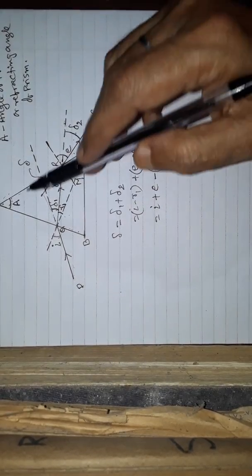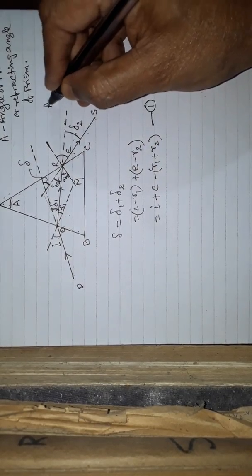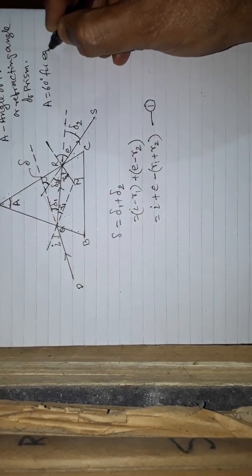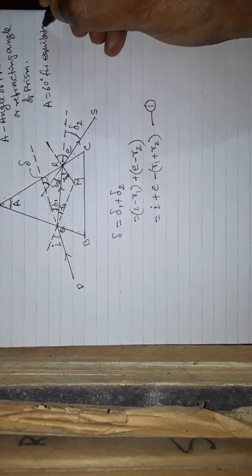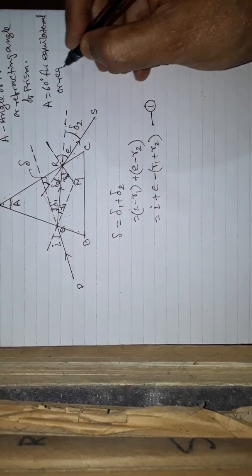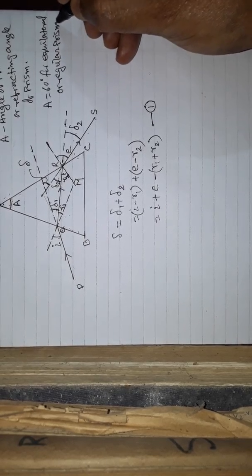If it is an equilateral prism or regular prism, the value of A will be 60 degrees.